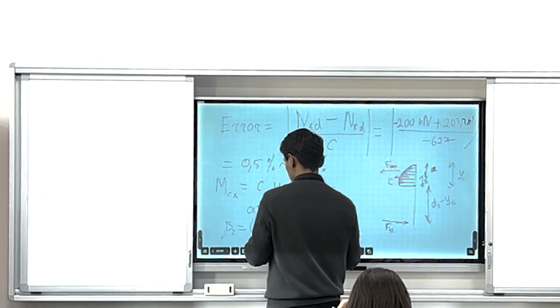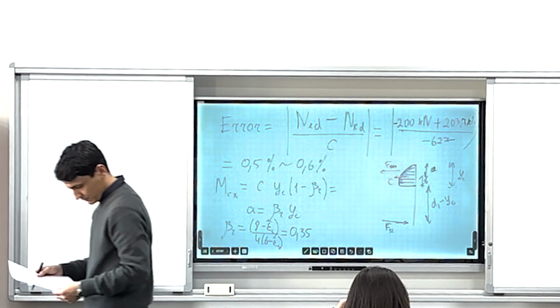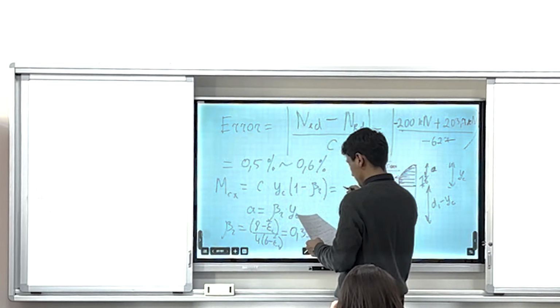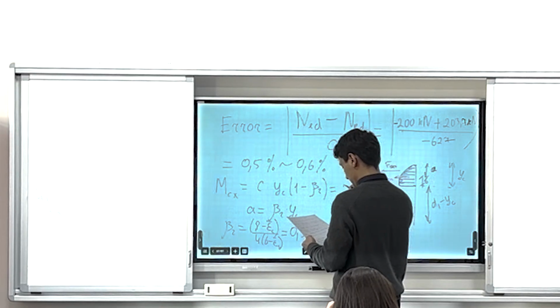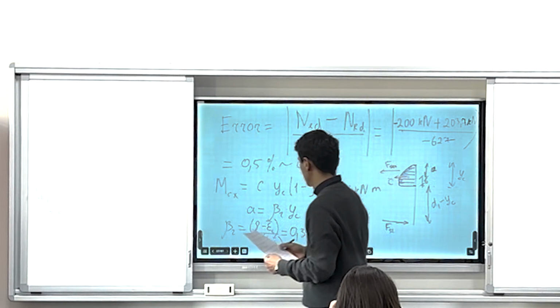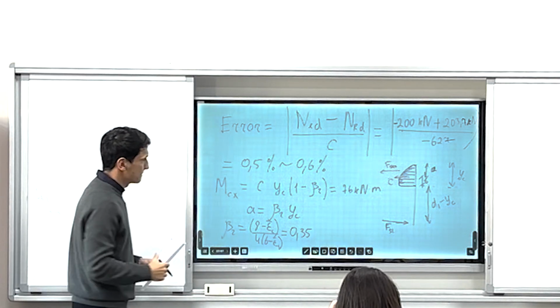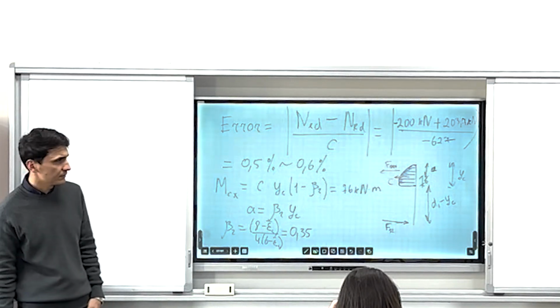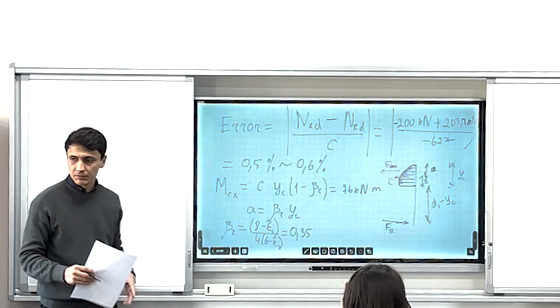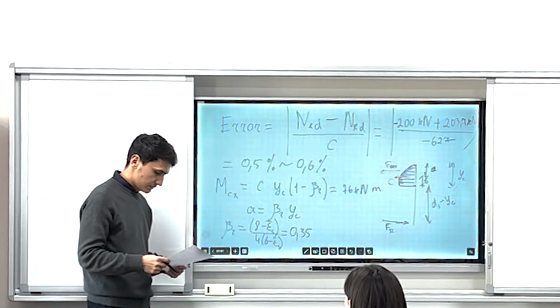Let me finish. So now I will write the Mc. If you substitute, you will have 76 kilonewton meter. Epsilon c will be the same value as for beta 1. Yes, it's the same. You have to multiply by 1000. Okay.